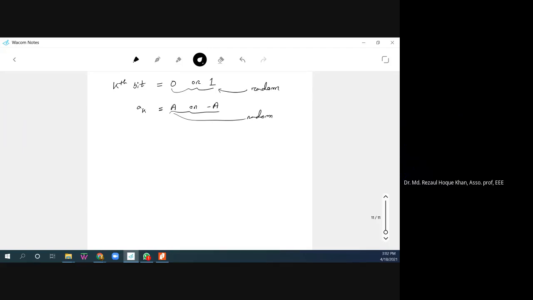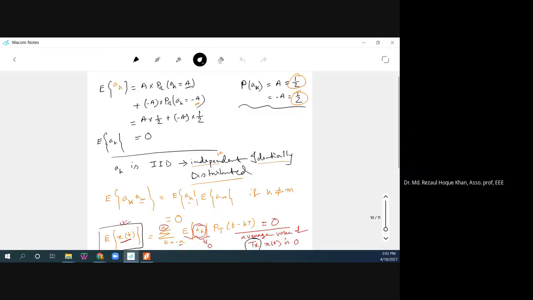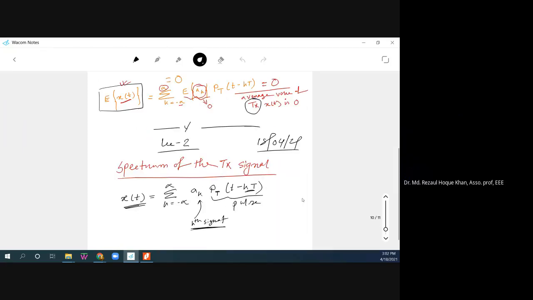Now we would like to see the spectrum of the transmitted signal. How can we have the spectrum of this transmitted signal?